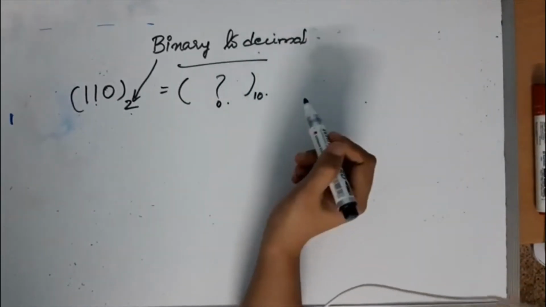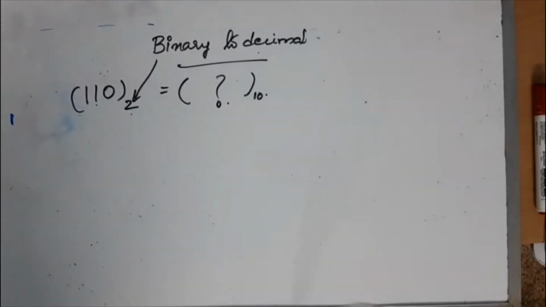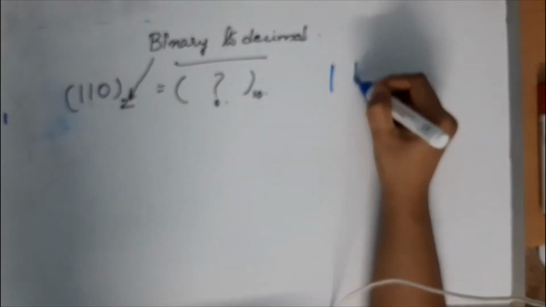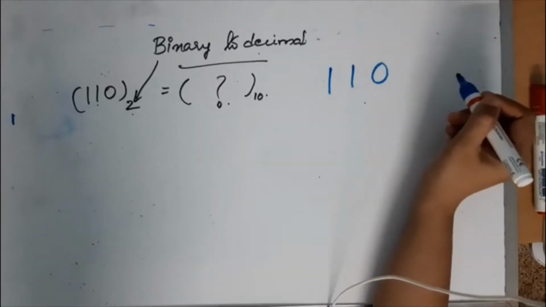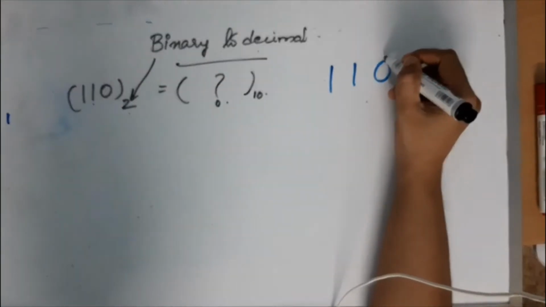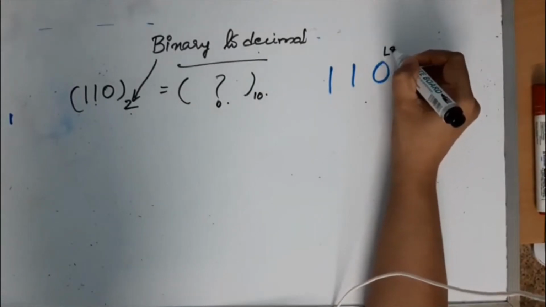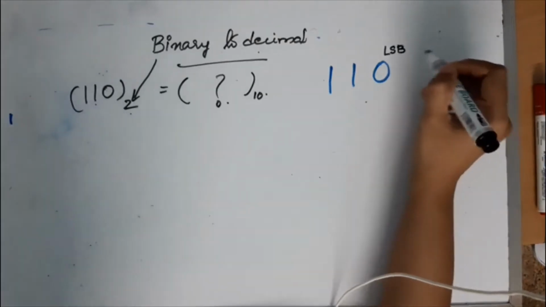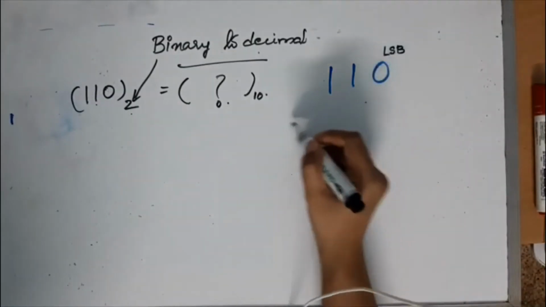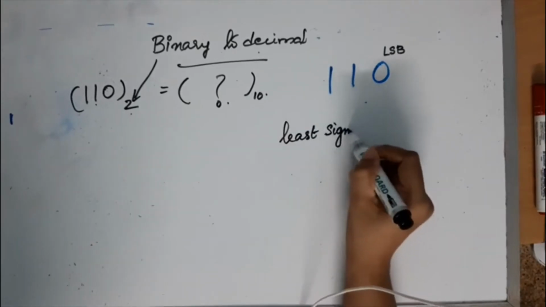So in order to find this, first of all, we'll write 110. Here, in the case of binary numbers, the rightmost bit is called the LSB. LSB means least significant bit.